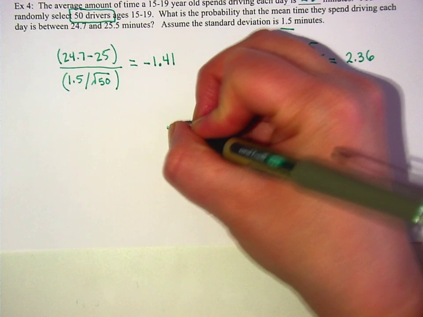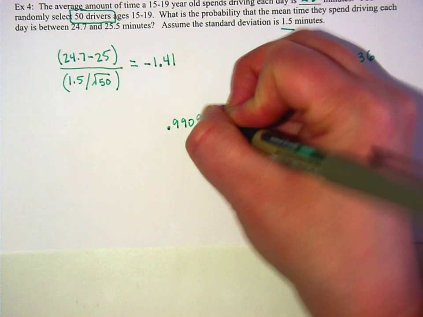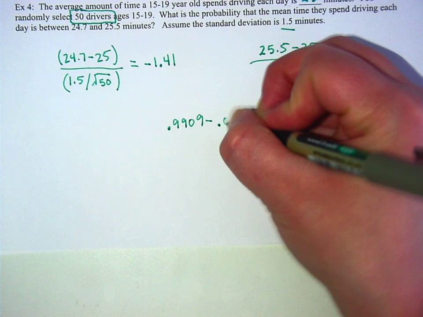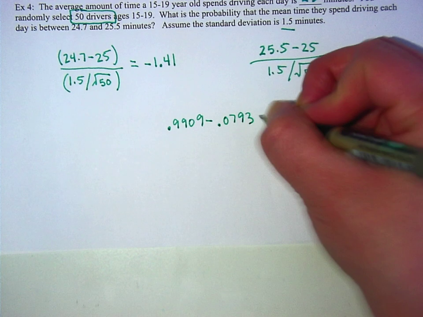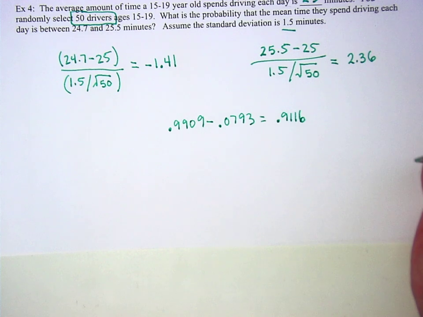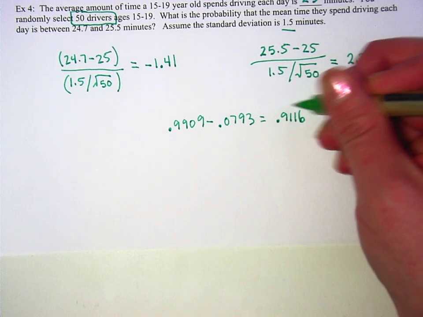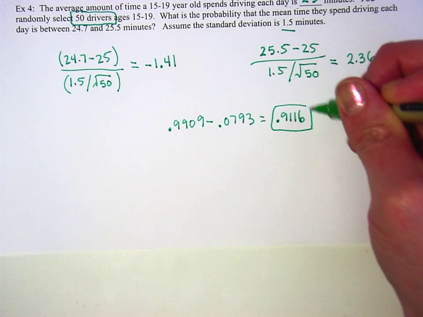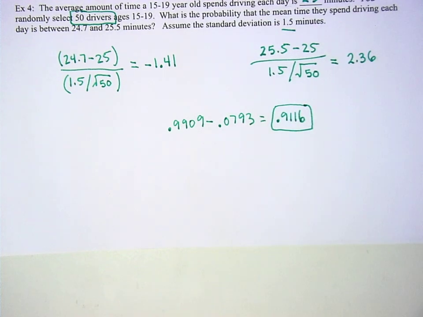Did you guys get 0.9909 minus 0.0793, which gets you 0.9116? Or am I super wrong about that? 0.9116. You wrote it right and said it wrong. Oh, sorry. We used different z-scores. I did the 2.35 instead of 2.36.